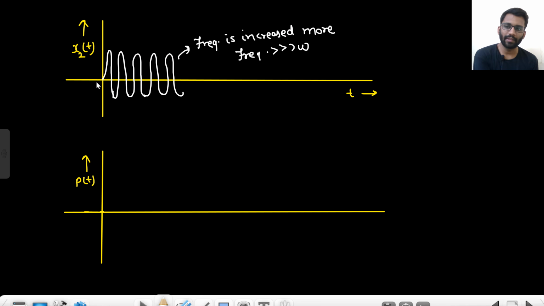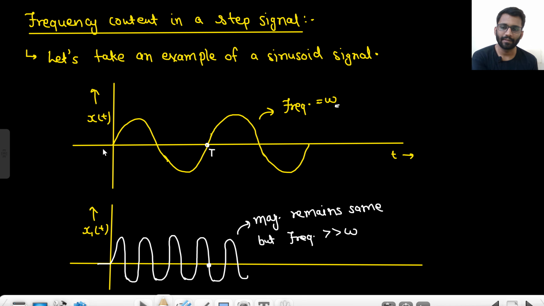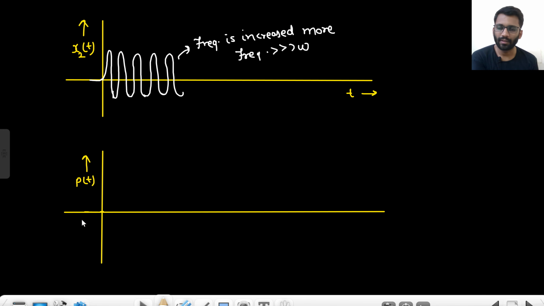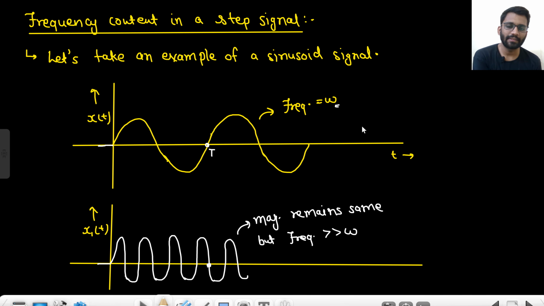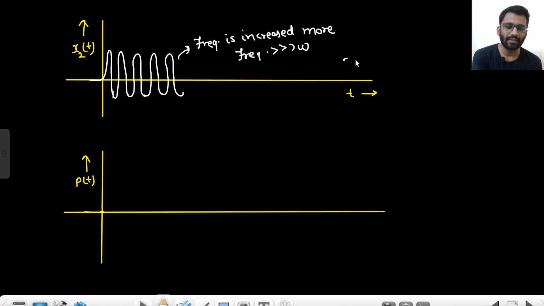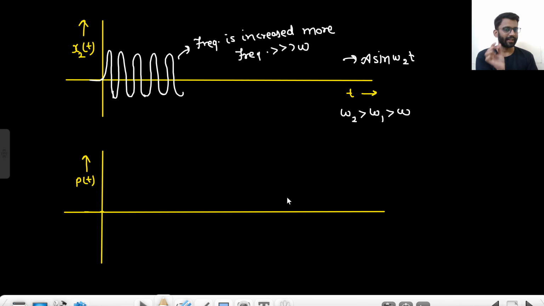Before this we were having 0 only. Let's call the first waveform sine omega t, this one sine omega 1 t, and this one sine omega 2 t. So omega 2 is greater than omega 1 is greater than omega. Why so? Because in a second there are more number of cycles. If there are more cycles, that means frequency is higher.